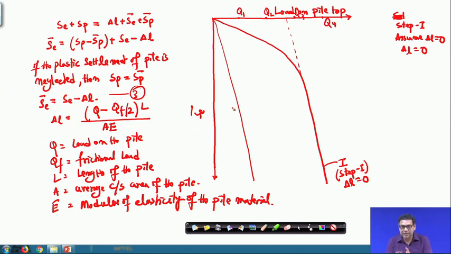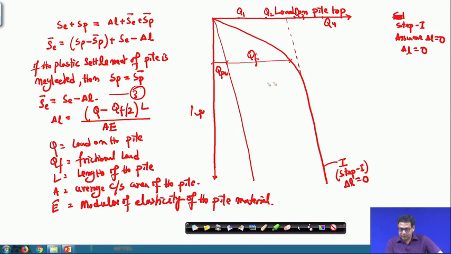Now, what does this indicate? This indicates that for a particular depth, this will be your Q Pu and this will be the Qf. What does it mean? If you look at this curve, after a certain point it is parallel to this one.